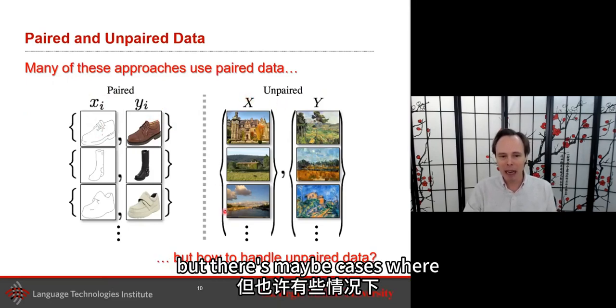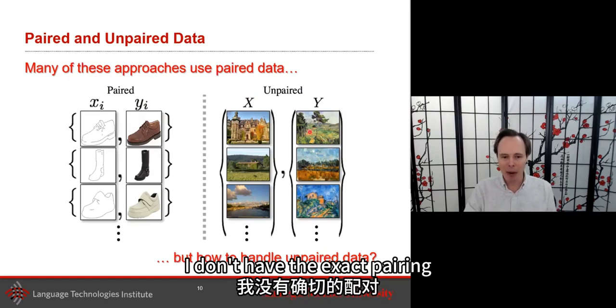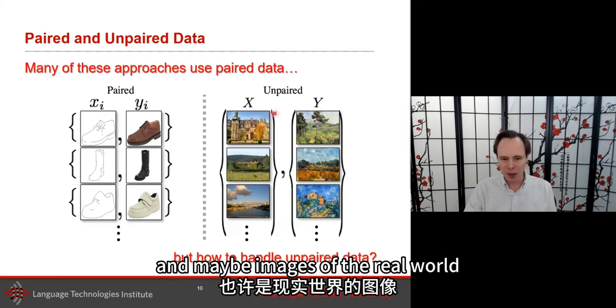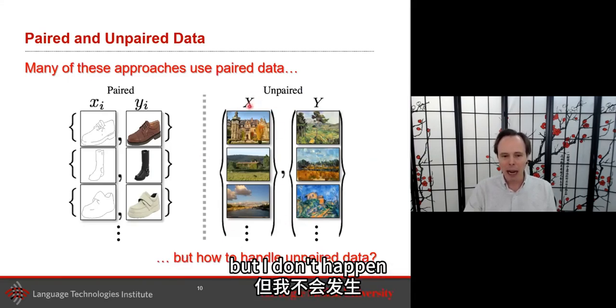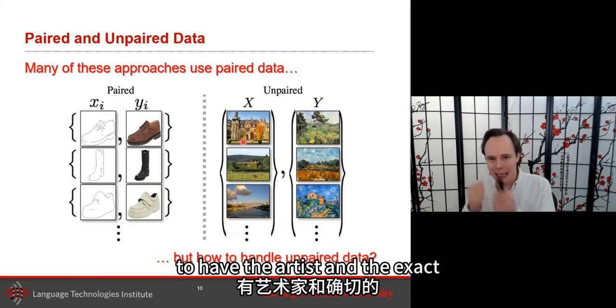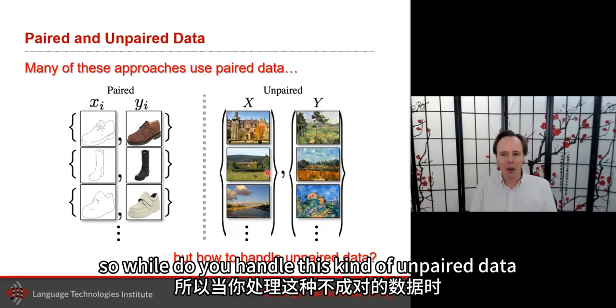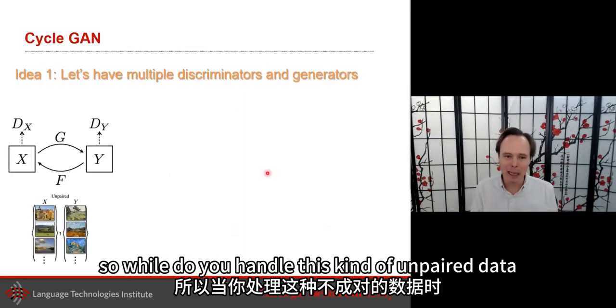But maybe there are cases where I don't have the exact pairing. I have a bunch of paintings of a specific artist, and images of the real world, but I don't have the exact image of what they were painting. So how do you handle this kind of unpaired data?